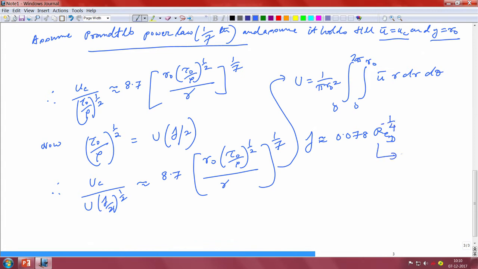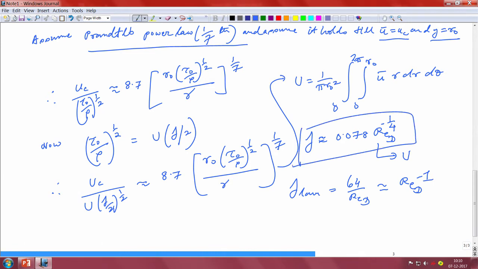This Reynolds number is based on your u. Compare it with the laminar counterpart, which is 64 by RED, if you recall. That scales as Reynolds number to the power of -1. So, as you can see, this is a weak dependence on the Reynolds number.